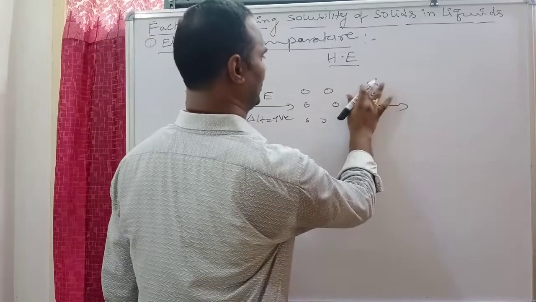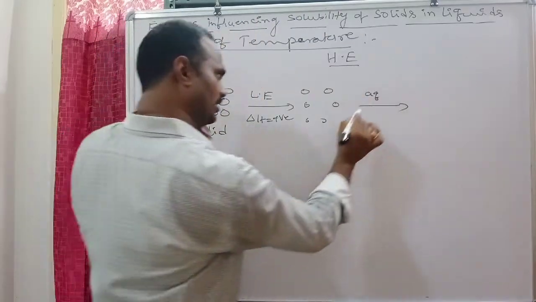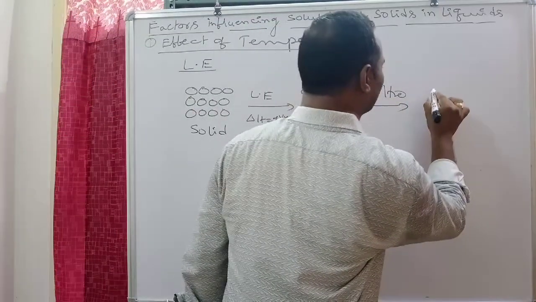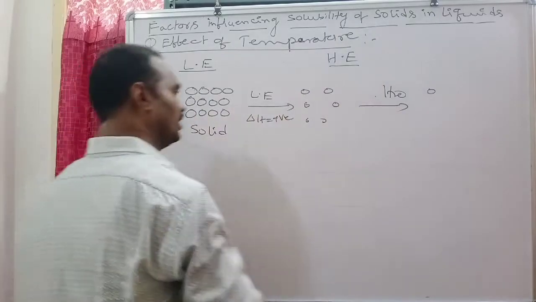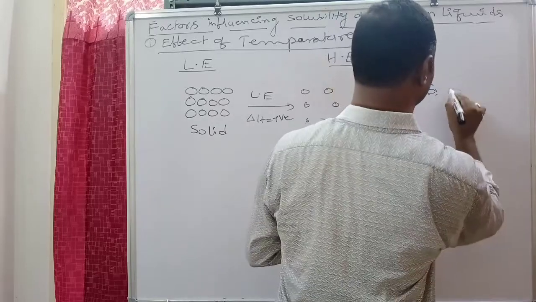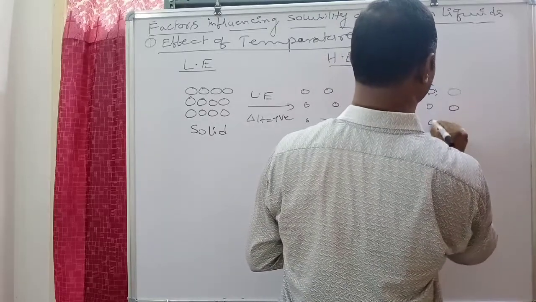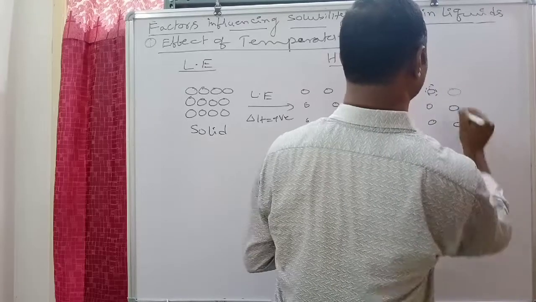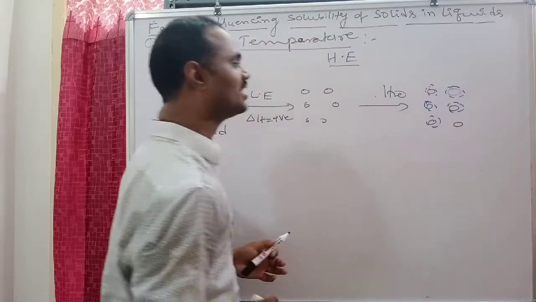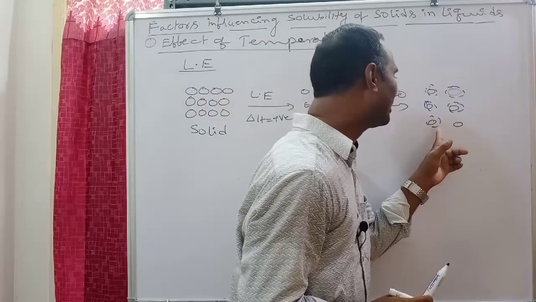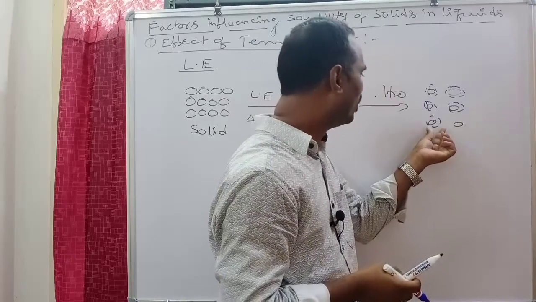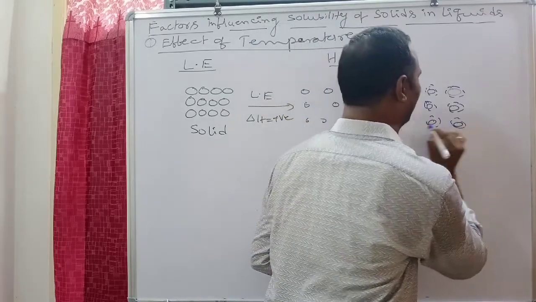When you add H2O, these ions absorb water molecules and polar bonds are formed between the ions and water molecules.